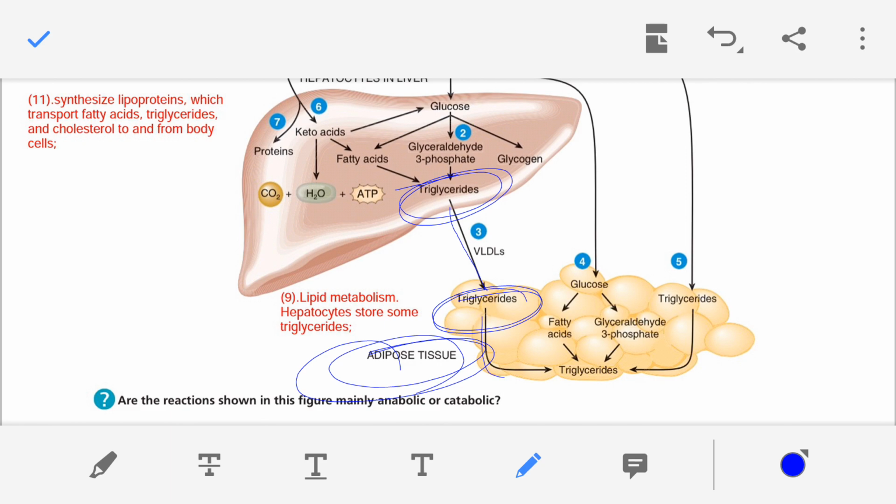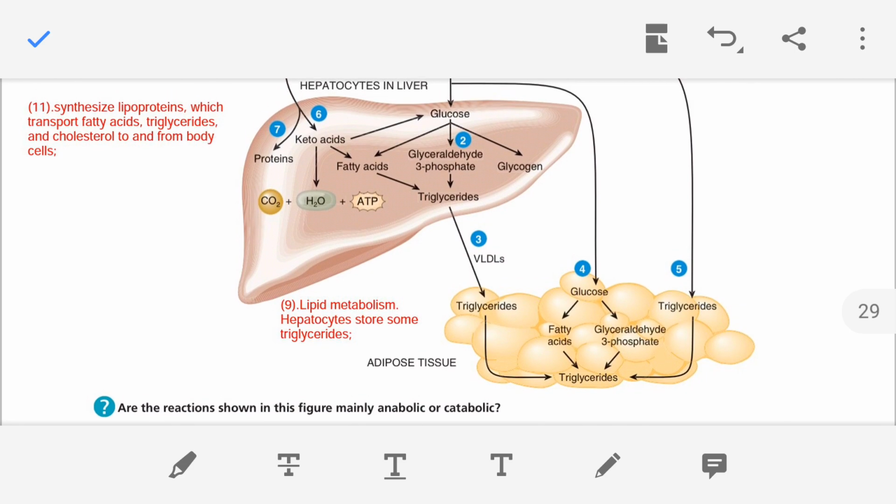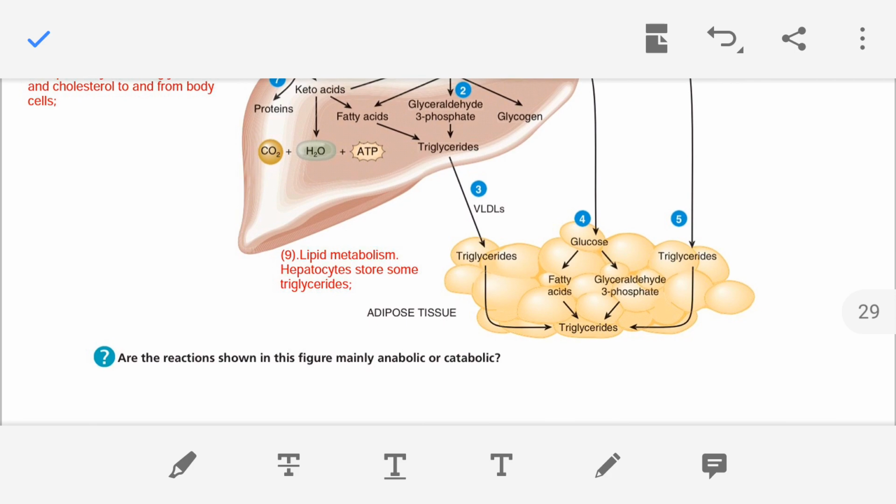And what happens to triglyceride? Okay, so this adipose tissue is storing the triglyceride. And the adipose tissue is present beneath the skin in our inferior abdominal region, particularly in men, and in women this adipose tissue is predominantly present in the hip region.